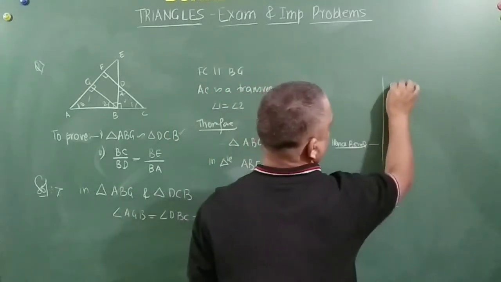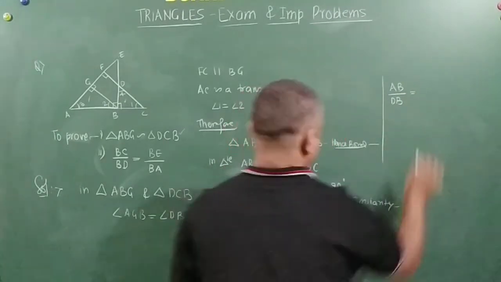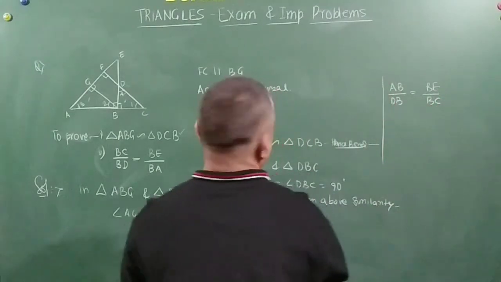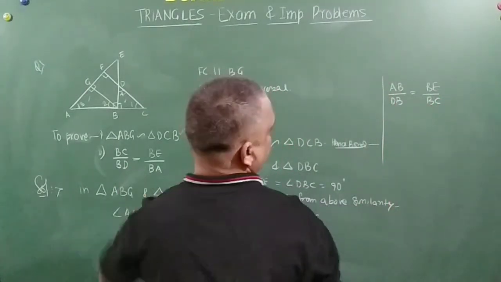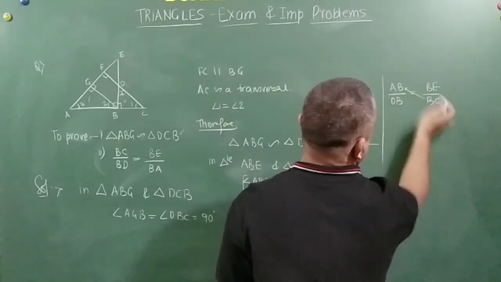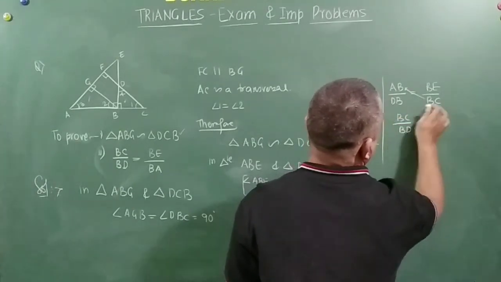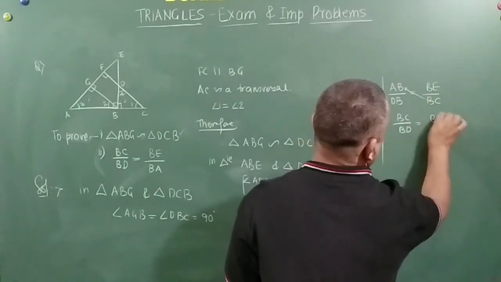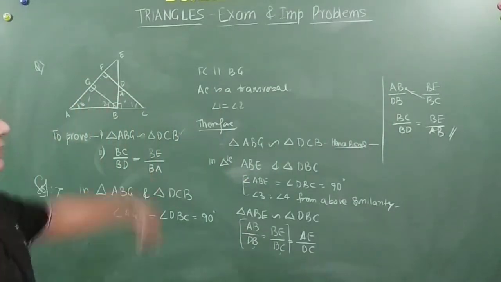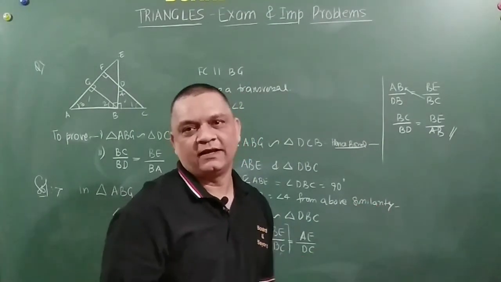AB by DB is equal to BE by BC. Right? It is to be proved BC by BD. So I will cross this here and that's it. This will come down. So BC by BD is equal to BE by AB. This is what was to be proved. So we have proved it, friends. Right? So I hope you got this.